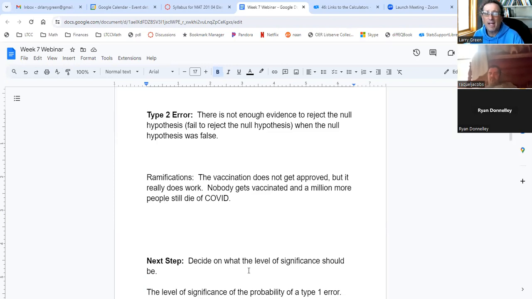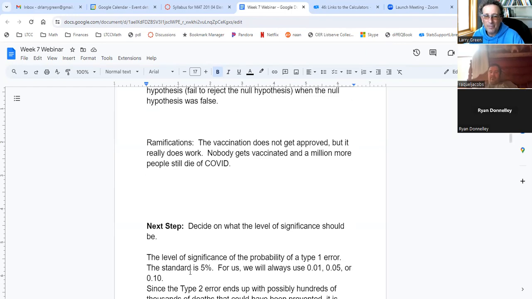When we're talking about hypothesis tests, we actually think the opposite. Instead of thinking about the percent chance of being right, for some reason for hypothesis tests, everyone thinks about the percent chance of being wrong. So the level of significance is the probability of a type 1 error, which means that you rejected the null hypothesis and you shouldn't have.